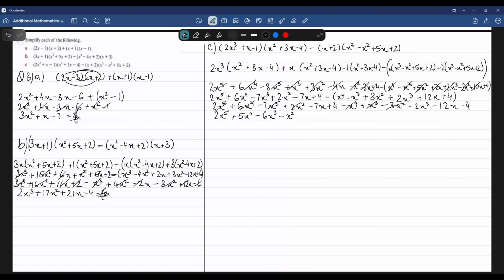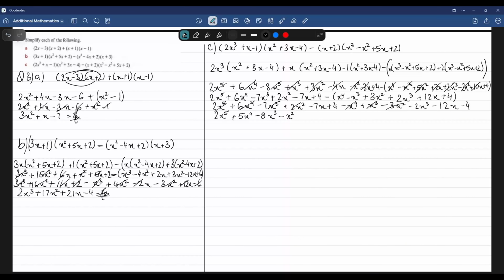Yes, I did not simplify it all. So this would be negative 7x cubed plus x cubed minus 2x. So negative 6 minus 2 is negative 8x cubed. So minus x squared is going to be written here.